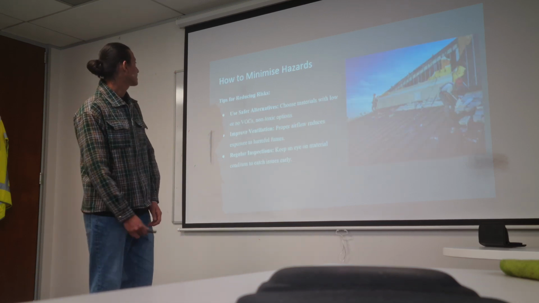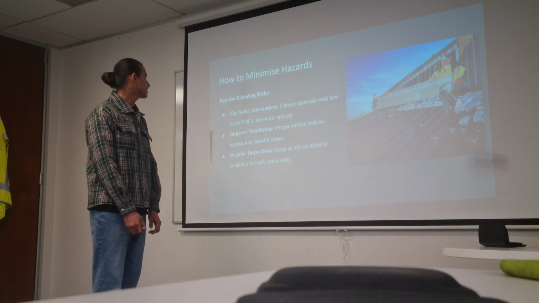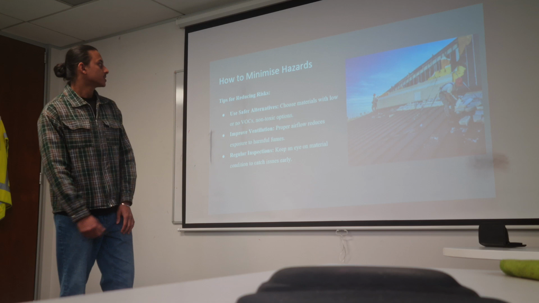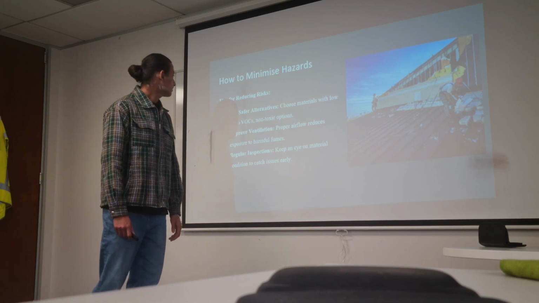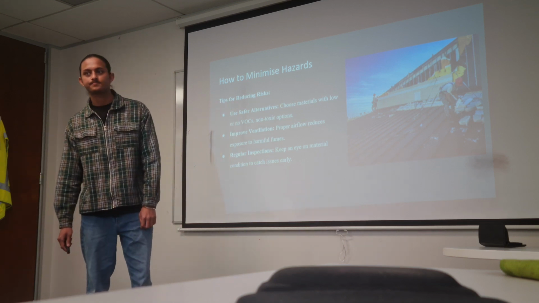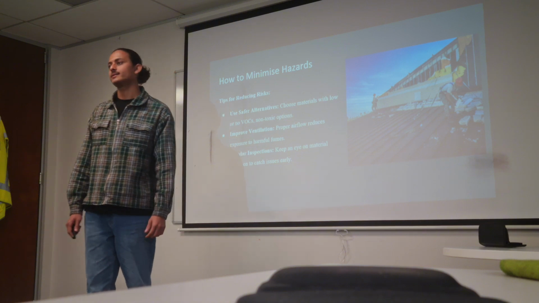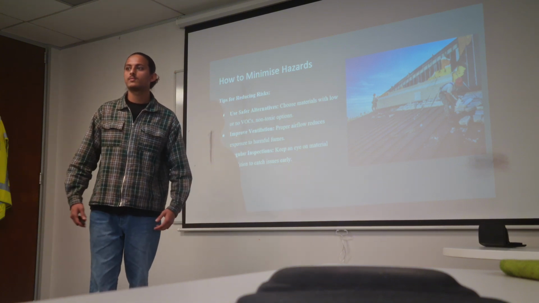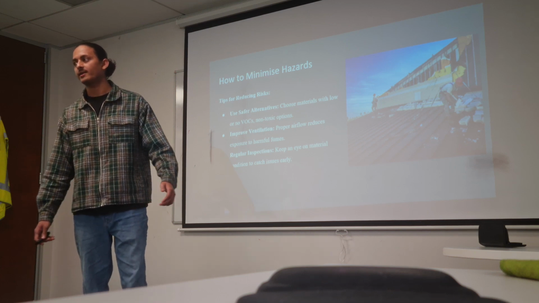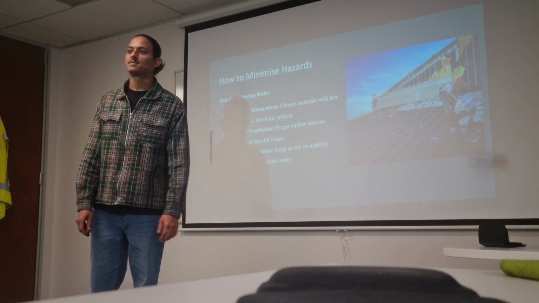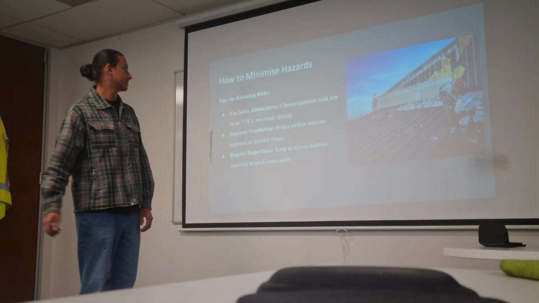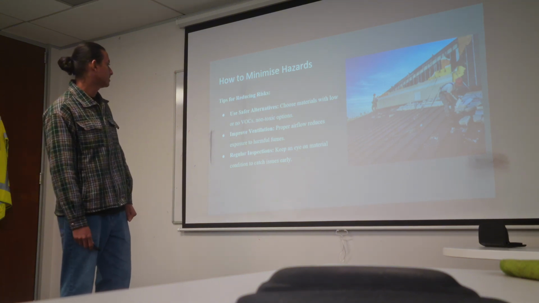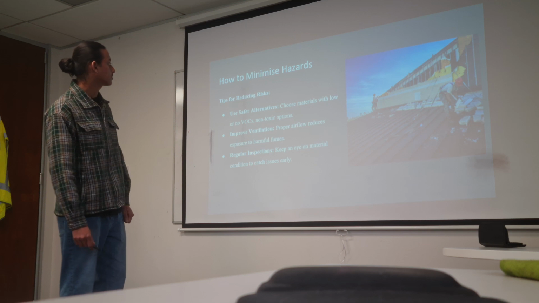How to minimize hazards. Tips for reducing hazards. Use safer alternatives. Choose material with low or no VOCs and non-toxic options. Lead-based paint used in the past had so many effects. In the modern world, more modern paints which affect us minimally are available. Use those kinds of paints. Improve ventilation, proper airflow to reduce exposure to harmful fumes.